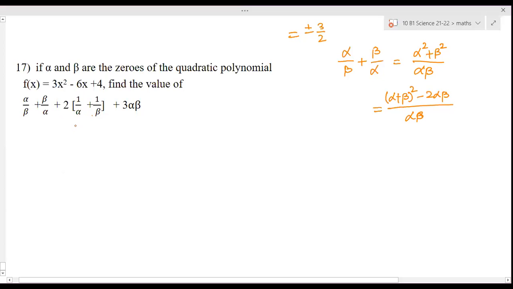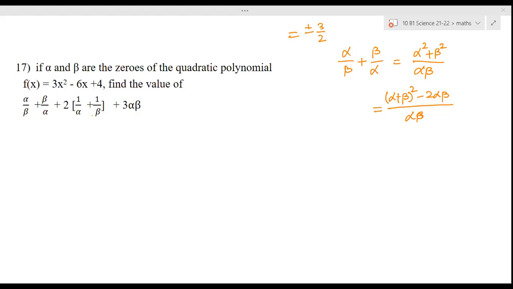Yes, ma'am. In the 18th question, you have to simplify that first. So what is the value of A? In ax square plus bx plus c, the value of A is, ma'am, 1. B is minus p x plus 1, no. x square, x is a variable.